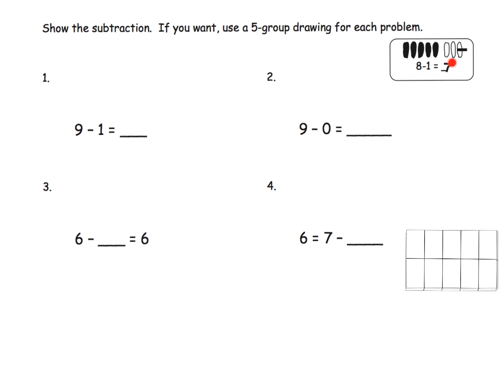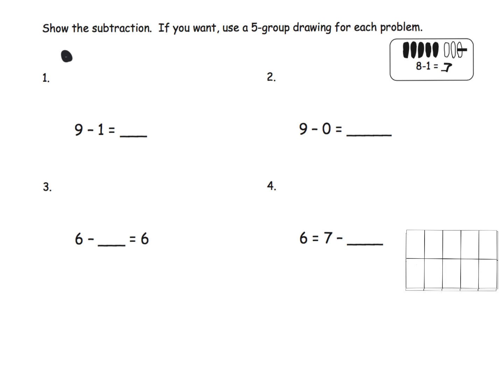So here you see what I'm talking about. They're doing it in the 5 group. They've got the 5 dots and then the 3 dots, and that represents 8, right? If we were to show what this would look like using the method advertised by Eureka Math, 9 minus 1 would look like this.